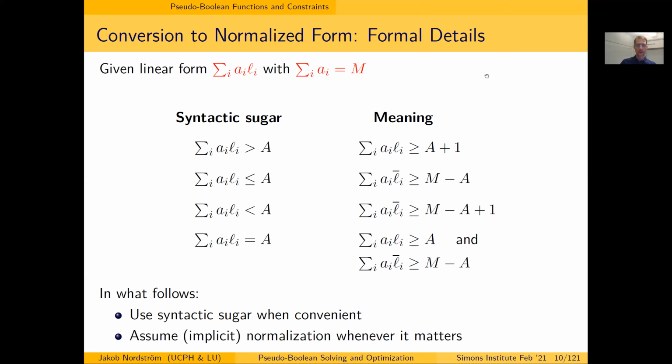So in the rest of this tutorial, whenever it is convenient, we will write the linear inequalities in whatever form is convenient for us, but whenever it matters, we implicitly assume that all constraints we're operating on are normalized.